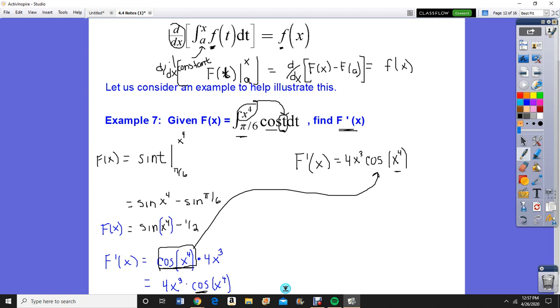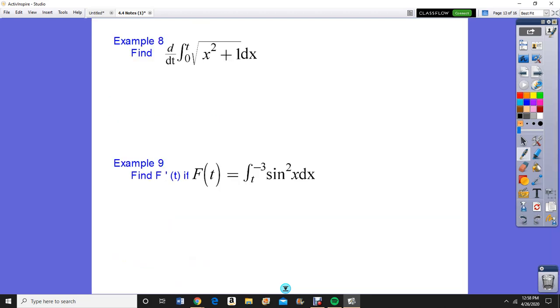And here we plugged it in. Once you have plugged it in, you then multiply this primary function by the derivative of that inner function, or the derivative of that upper bound. We'll go ahead and apply this concept to the next couple of problems.